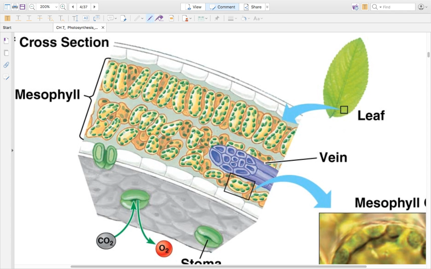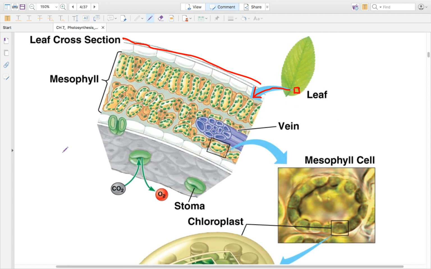See this little square and this big arrow? What does that mean? That means that you are now looking at this little tiny square of a leaf, and they have blown it up for you into this big image so you can see what's inside of the leaf.